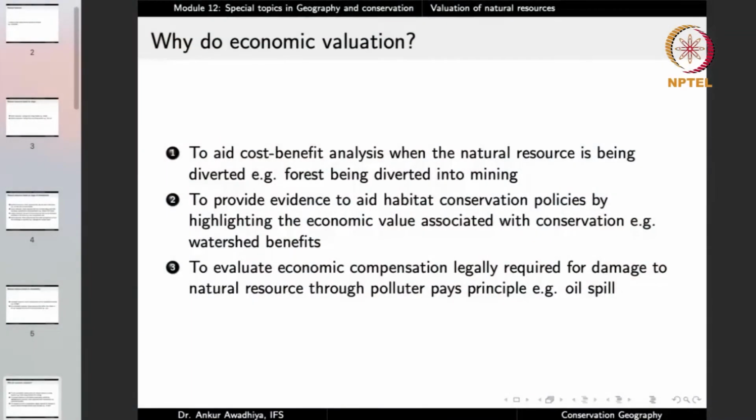So for these reasons, we need to do an economic valuation. Economic valuation is needed to aid cost-benefit analysis when the natural resource is being diverted. For example, when forests are being diverted into mining.